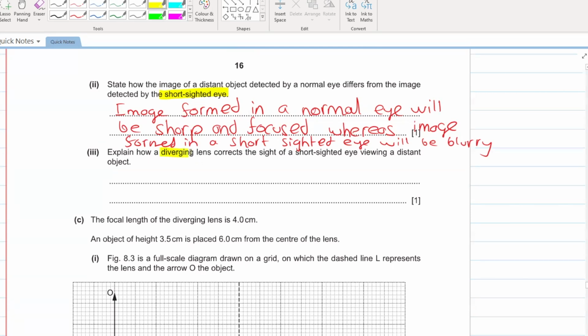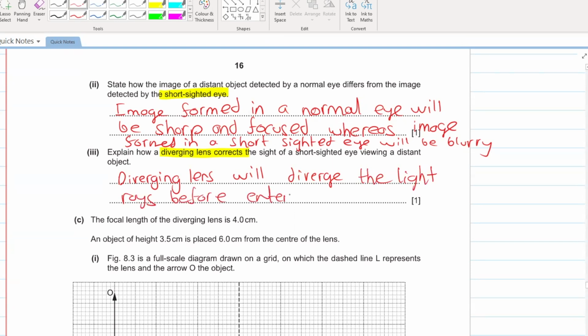How does a diverging lens remedy short-sightedness? What will the diverging lens do? The diverging lens will cause the light rays to diverge before entering the eye. Simple. Let's further move ahead.